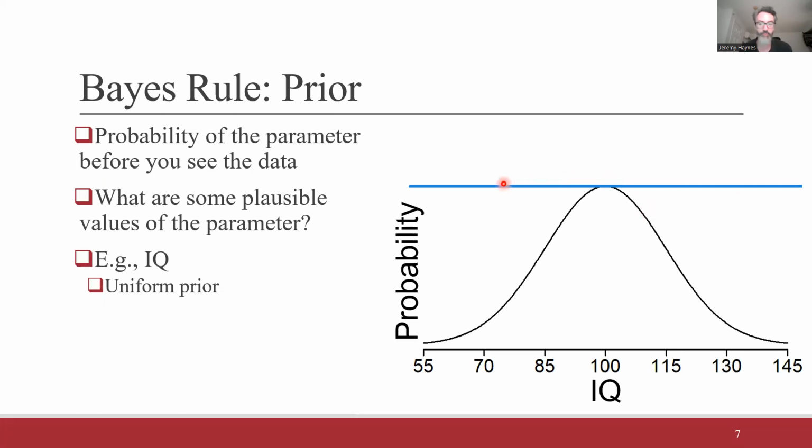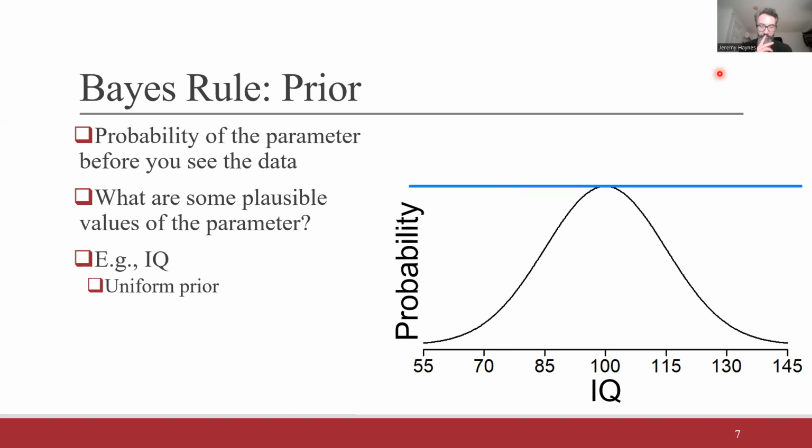But again, we know something about IQ scores. So we know that a uniform prior really doesn't make a whole lot of sense for our data. That we do actually know at least a little bit about how IQ scores work. And although 55 is a plausible value, it is an unlikely value, at least relative to an IQ score of 100.